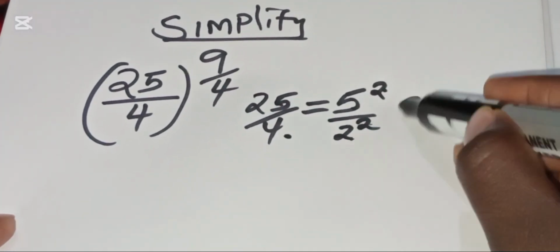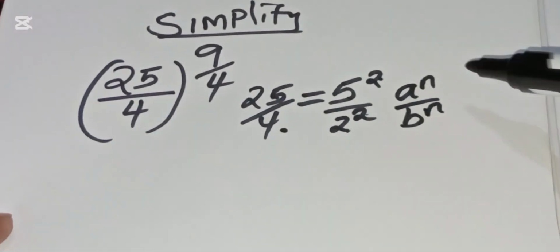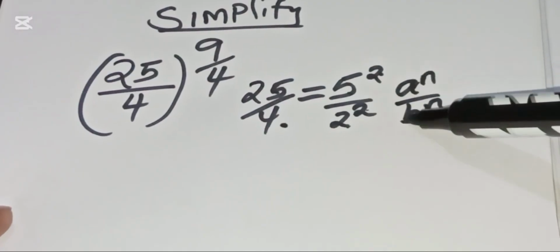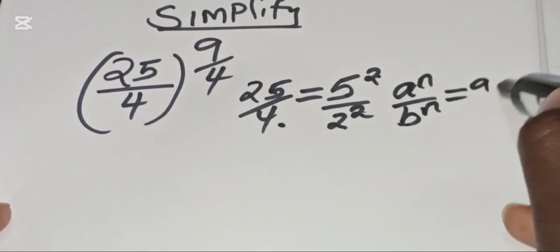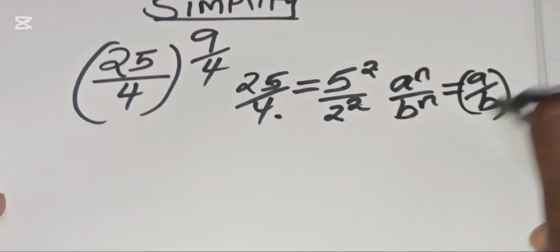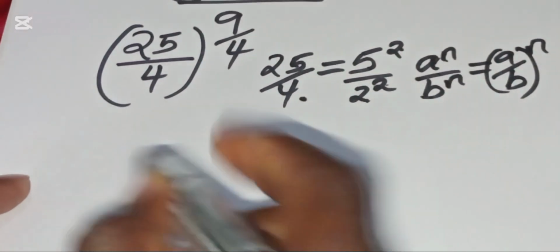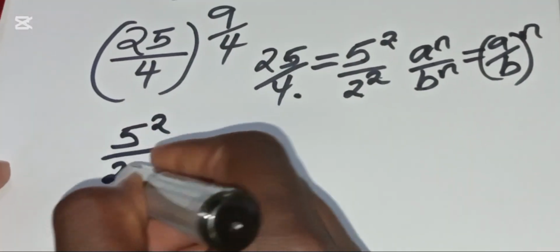Now from here, given that if you have a raised to power n divided by b raised to power n, given that these two numbers, a and b, have the same exponent, we can express it as a divided by b, raised to power n, okay? So let's apply this property. So we're going to have 5 squared divided by 2 squared.